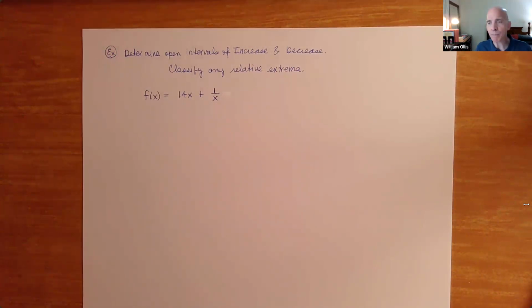And again, what's important here is that even if we do not have a critical number, we're still looking for boundary values. For instance, if there's an element that's not in the domain of the original function, we're not going to find it in the derivative. So we still need to include that as a point of discontinuity, as a boundary value.